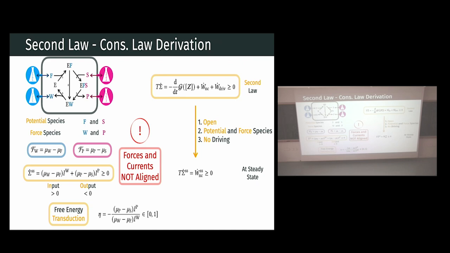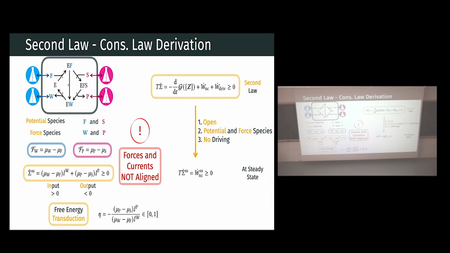There's no reason why both of them must be positive. One of them could be negative. You can interpret one term as an input, the amount of free energy the system is harvesting from the environment, and the other as an output, the amount of free energy that the system is providing to the environment. And the difference is the dissipation.